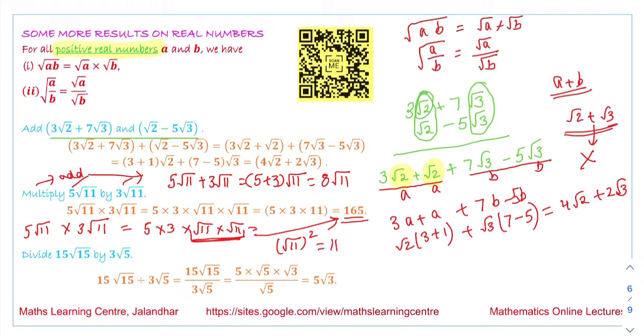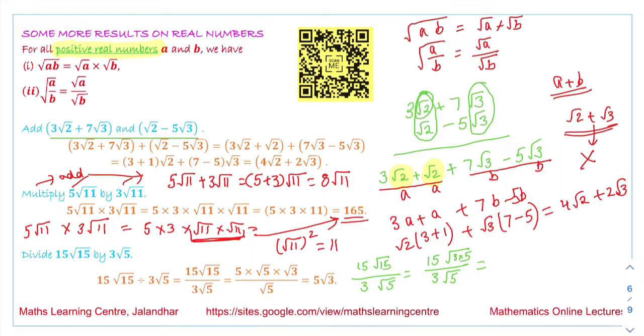Next we have to divide these two numbers. So it is 15 root 15, and we have to divide it by 3 root 5. What we are doing here is writing 15 as 3 into 5, and in the denominator it is square root of 5.